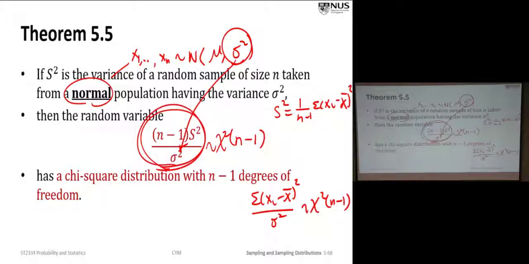Either express it as the sample variance, n-1 S square, which is just the summation of the square of the difference between xi and x bar. So if the population is normally distributed, then you take the sample, calculate the sample variance, then n-1 times the sample variance over sigma square is supposed to be a chi-square distribution with n minus 1 degrees of freedom.